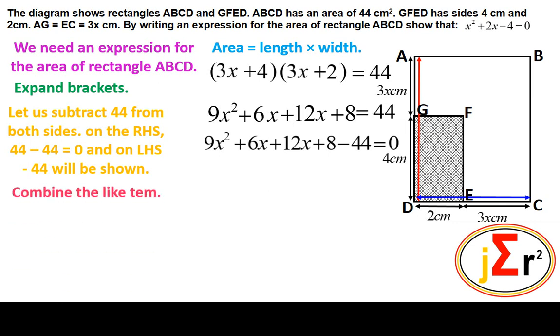Combine the like terms. Let us combine the like terms. And what will happen first? Now, we are combining the like terms, but 9x squared goes there first, which is not actually combining the like terms.